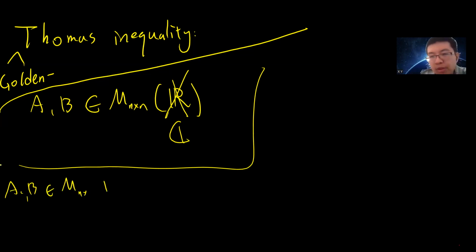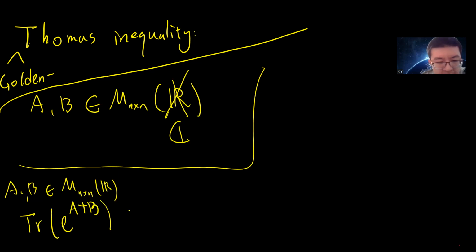So this Golden-Thompson inequality says that the trace of exponential of A plus B is less than or equal to the trace of exponential A times exponential B.